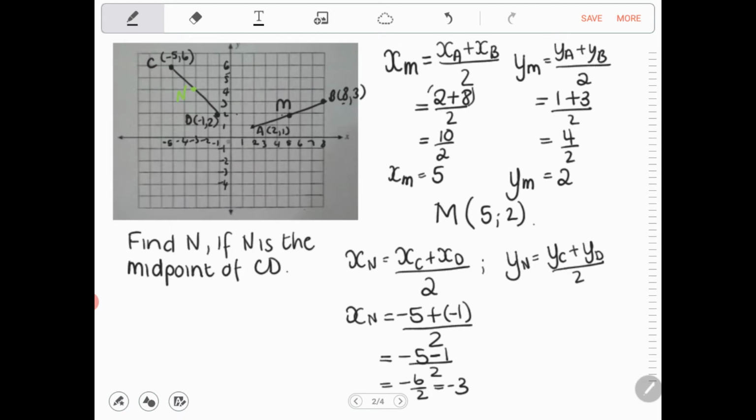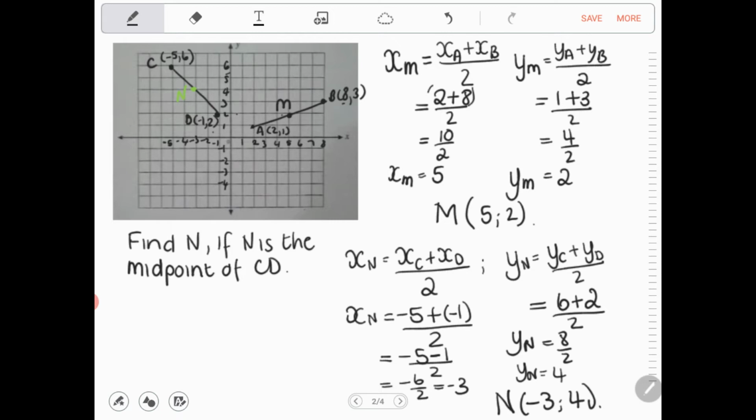All right, then we try the other one. Y at N. So the y at C plus the y at D, the 6 plus the 2. Okay, so the y at N is going to be 8 over 2. Y at N is 4. So it looks like the coordinates of the midpoint should be (-3, 4).